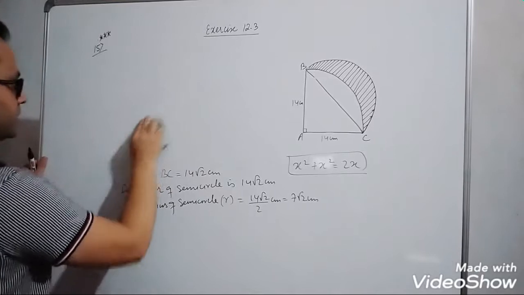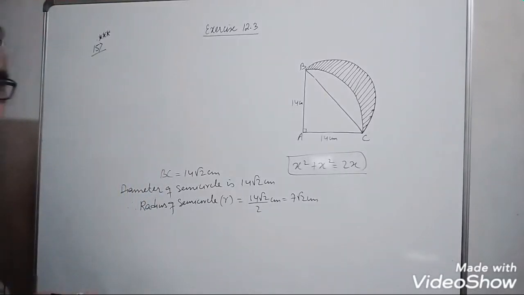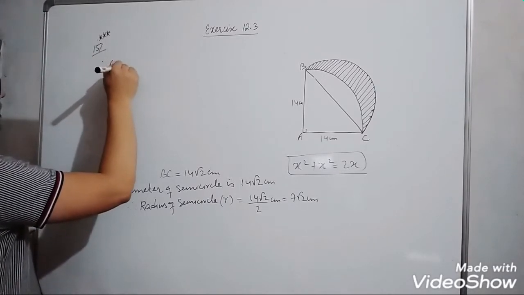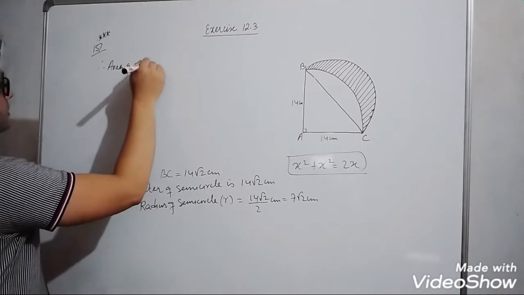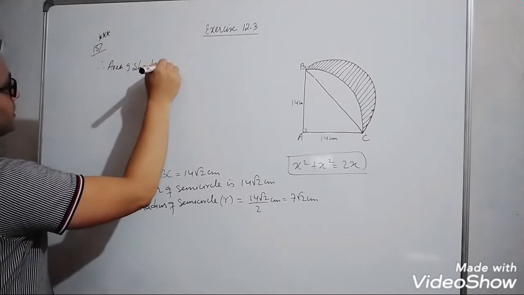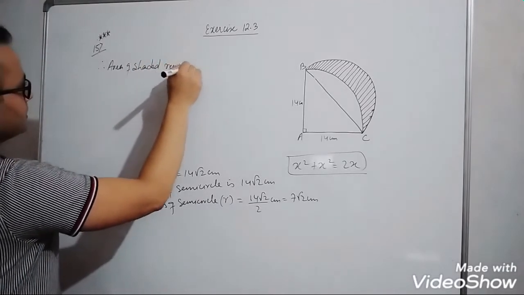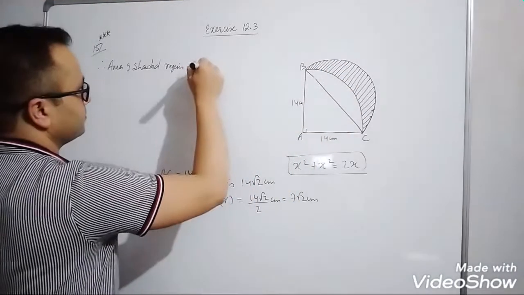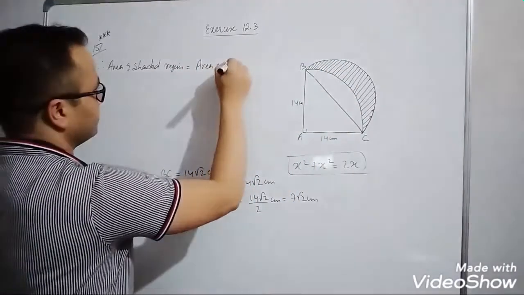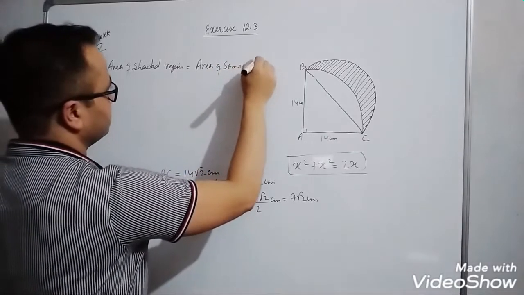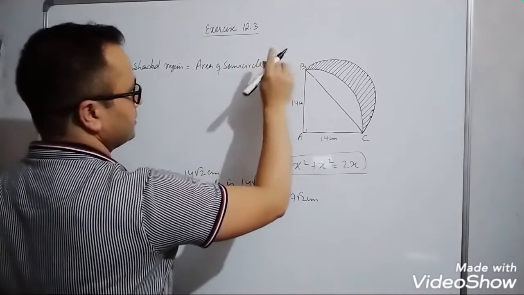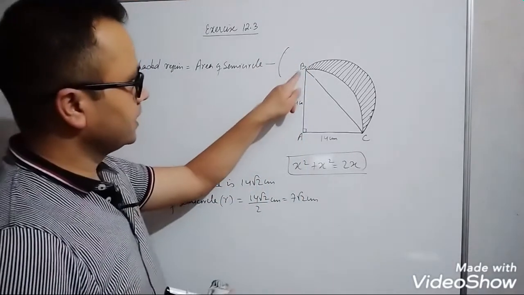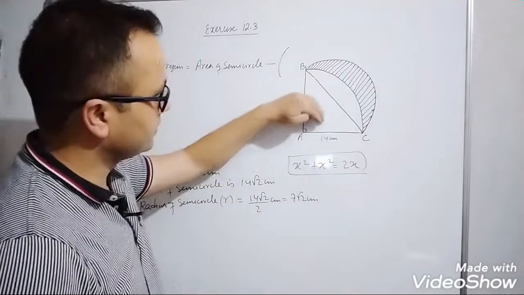Therefore, area of shaded region equals to area of semicircle minus, inside the bracket, area of quadrant minus area of triangle.